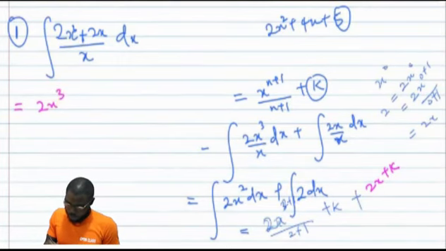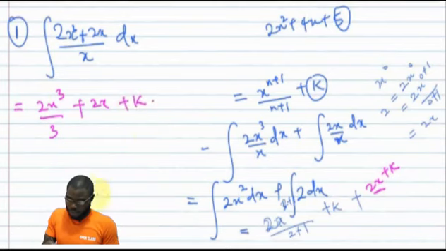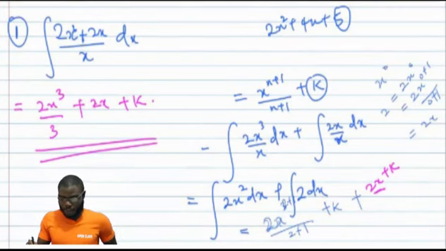Then you have 2x raised to the power of 3 over 3 plus 2x, plus k, that's constant plus constant is constant. It's not 2k, it's just a constant. So that is our answer. You have 2x raised to the power 3 over 3 plus 2x.